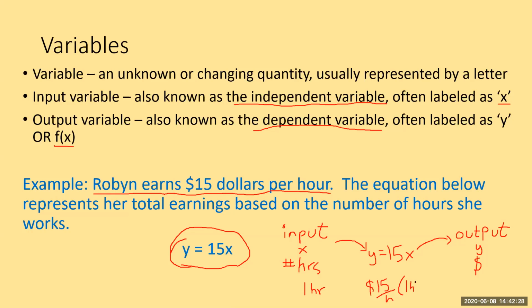So if she worked 1 hour, that's going to give us an output of $15. And we could do that same calculation for any amount of time. So if she worked for 2 hours, she would earn $30 and so on. So this verbal description, as well as this equation, they both give us the information we need to understand the relationship between the amount of time Robin puts into her job and what her earnings are.